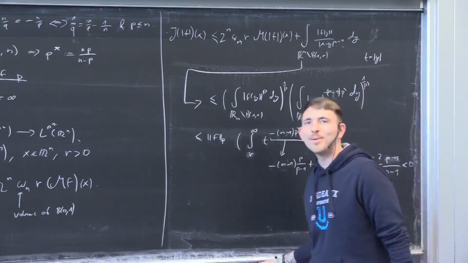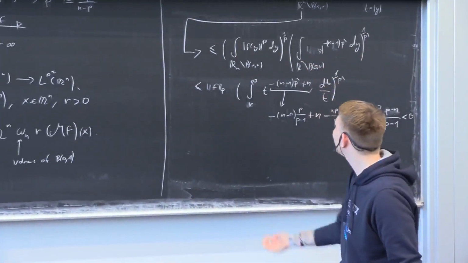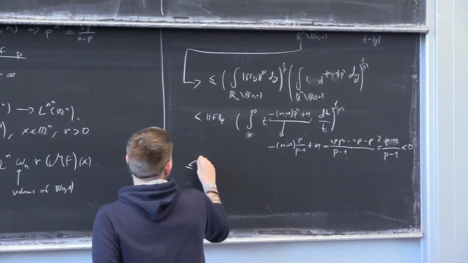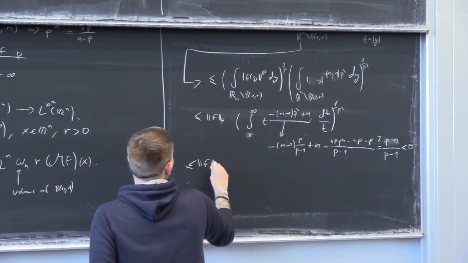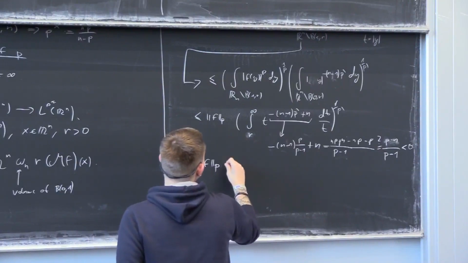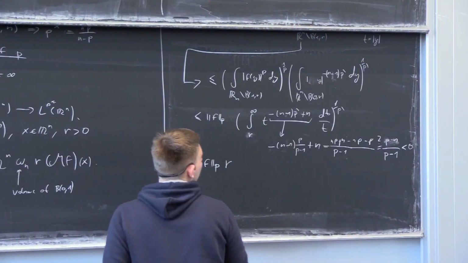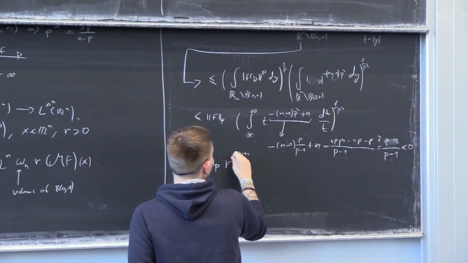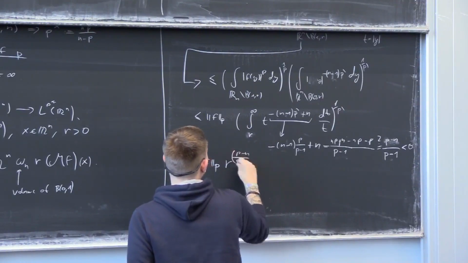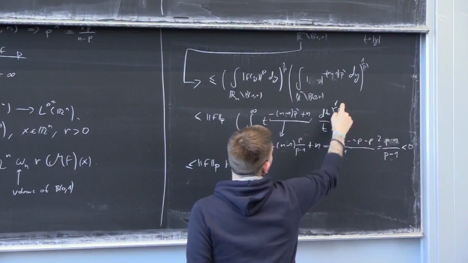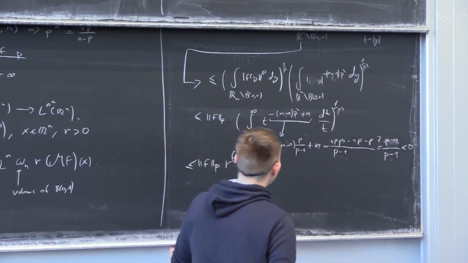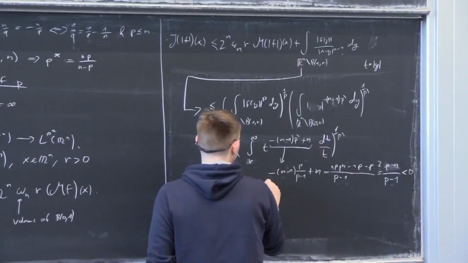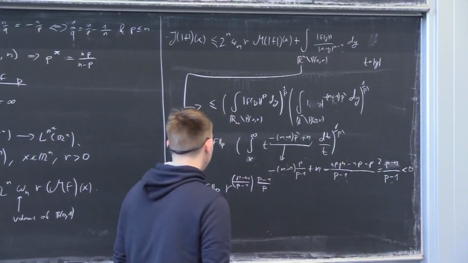Okay, so up to some calculation difficulties, we will get f in p norm, and then r to the exponent p minus n over p minus 1, everything multiplied by 1 over p prime, and 1 over p prime is p minus 1 over p.